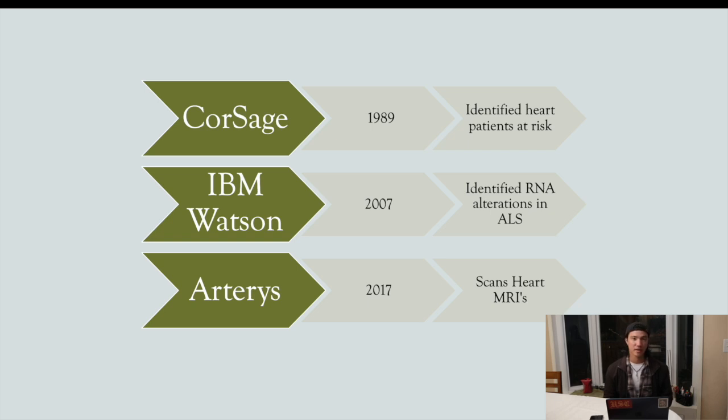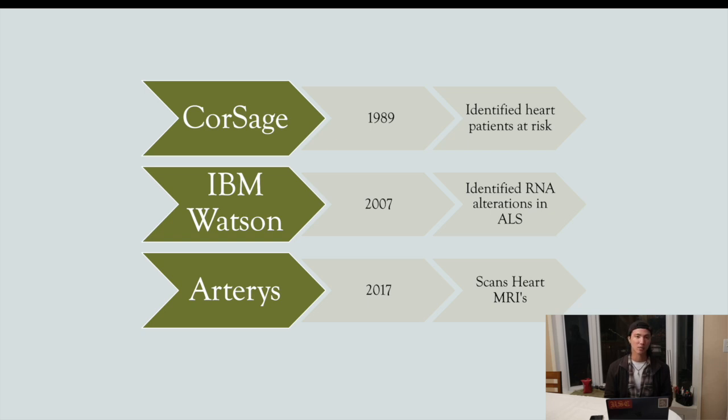In 2007, IBM created a machine called Watson. Now, what Watson aimed to achieve is it identified RNA alterations with patients with ALS. And if you don't know what ALS means, it is a rapid muscle defect that affects lots of people all across the world.